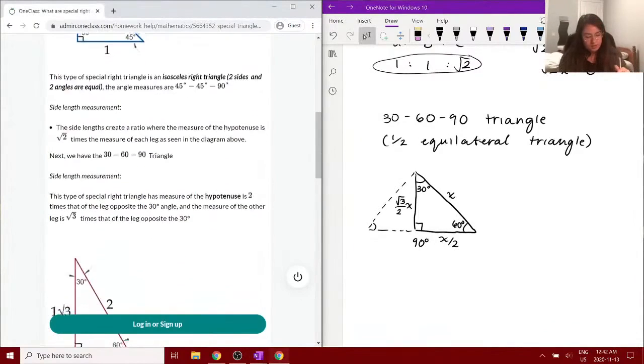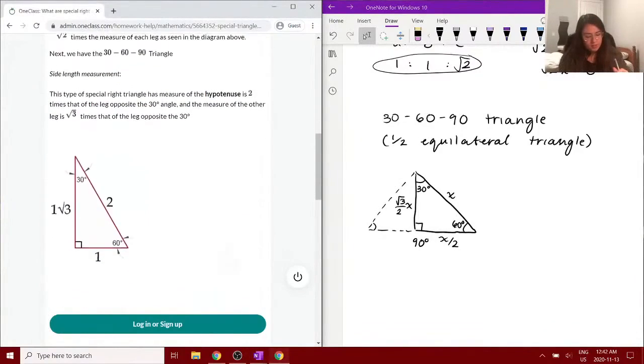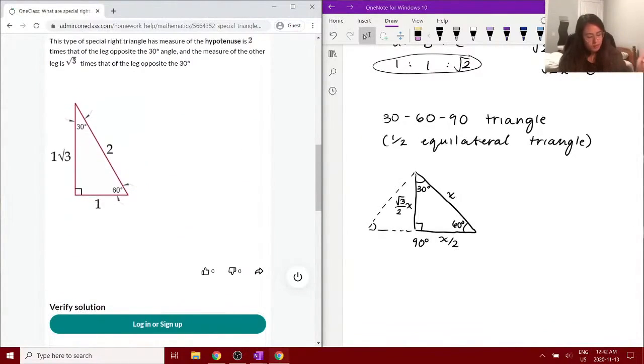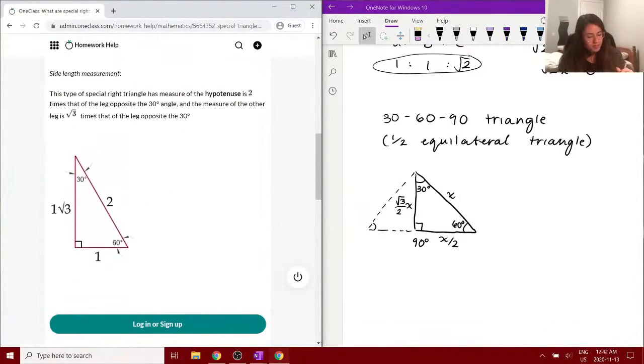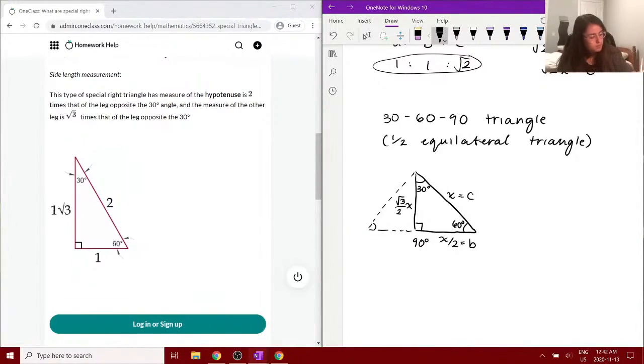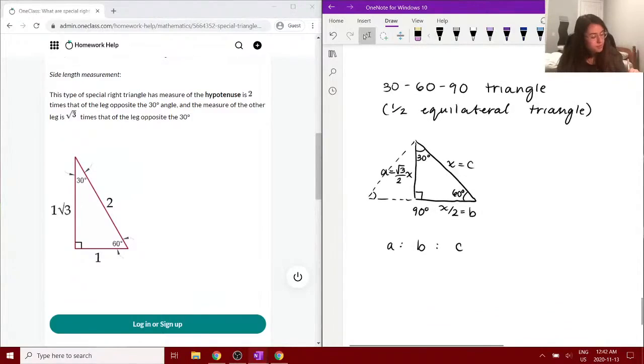So this is the second special triangle. Let's look at what it says here. Once again, we have the ratio of side lengths. If you take the ratio of side lengths A to B to C, you would find that the ratio is root 3 over 2 to 1/2 to 1.